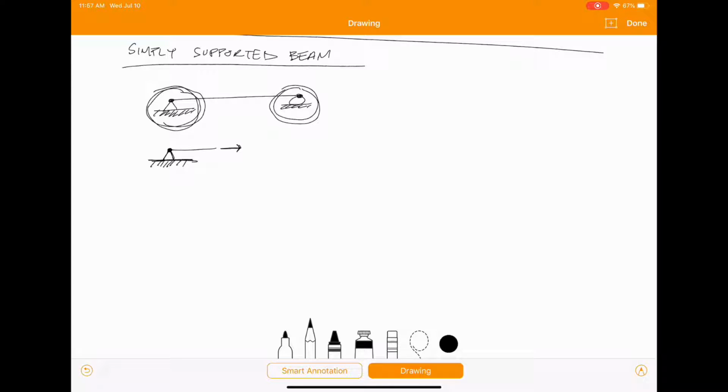Similarly, the beam isn't going to move in the Y direction when it's being pushed up right here. There's going to be no movement in the Y direction. It's holding it in place there. However, if there is a force applied out here, there is going to be rotation.